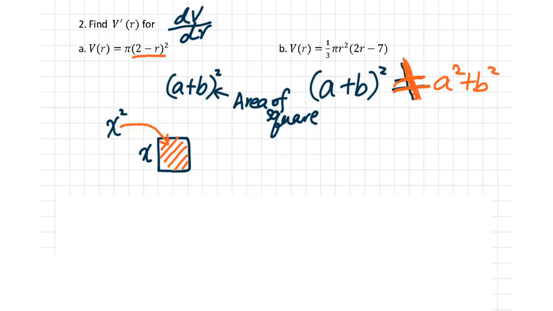Therefore, for A plus B squared, I will create a square here.